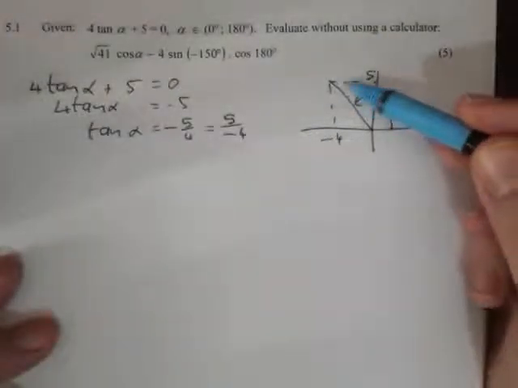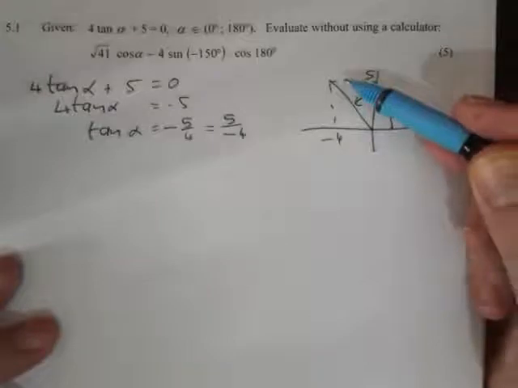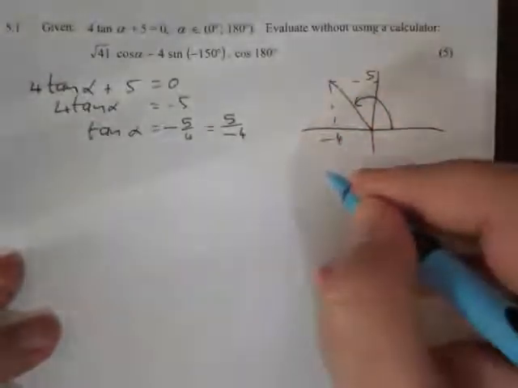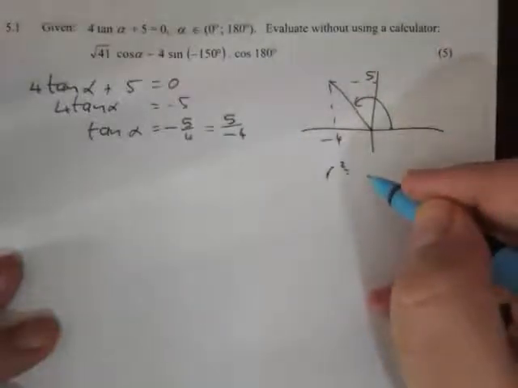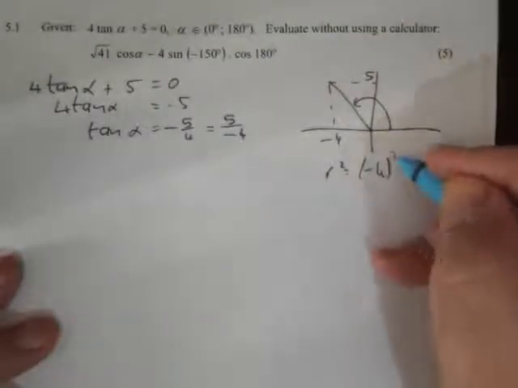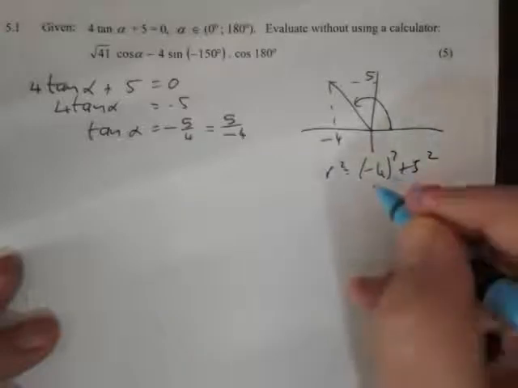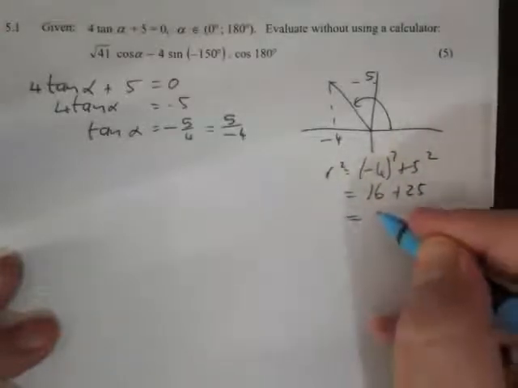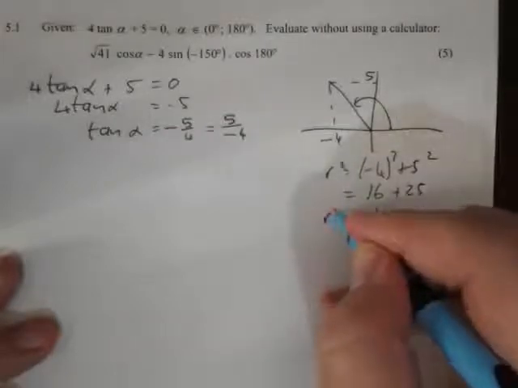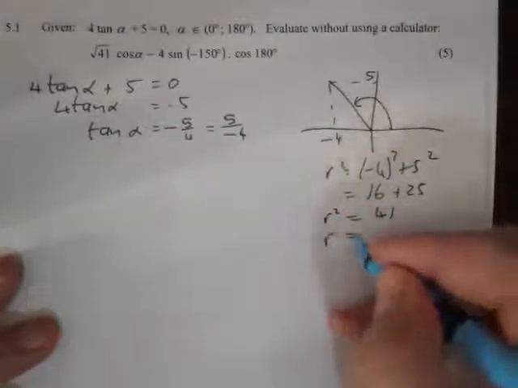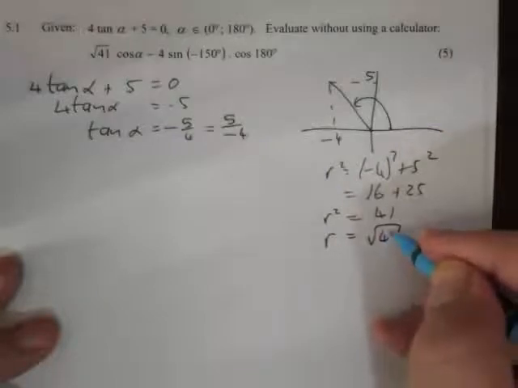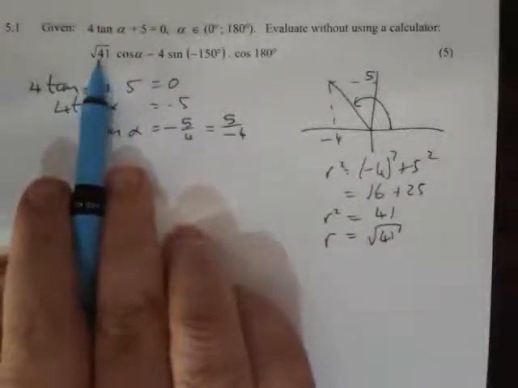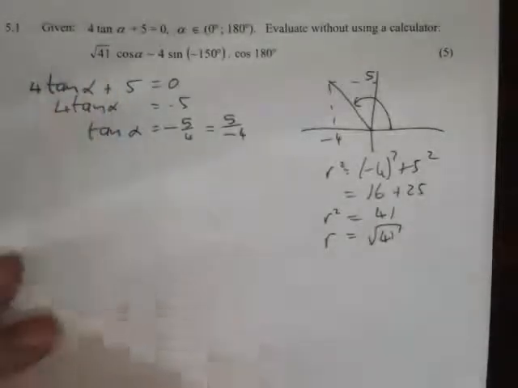Now we can work out the radius, the arm, and we can say r squared is equal to minus 4 squared plus 5 squared, just Pythagoras, which is 16 plus 25, and that's going to be 41. So our r squared is 41, which means our r is just the square root of 41. Now, as you can see, it brings us back to this number that we identified earlier.